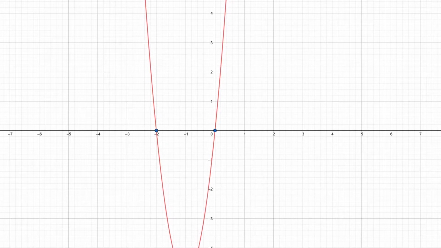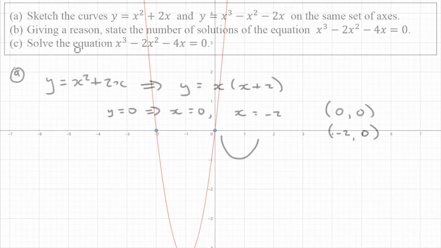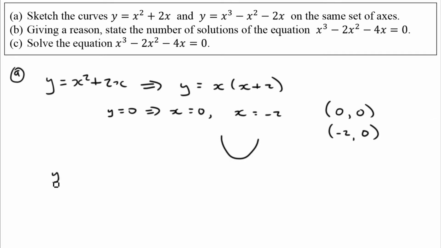Let's now return and look at our other curve. Our other curve is y is x cubed, subtract x squared, subtract 2x. We can again factorize an x out of that, so y is x into x squared, subtract x, subtract 2.